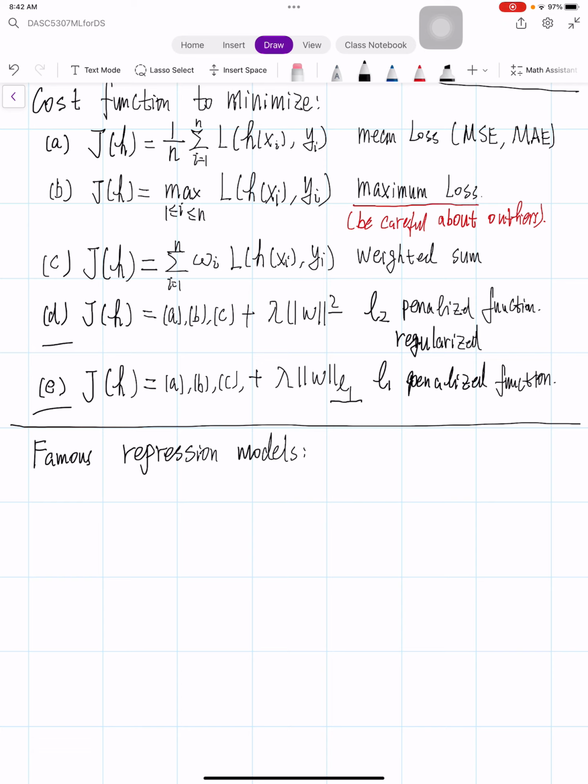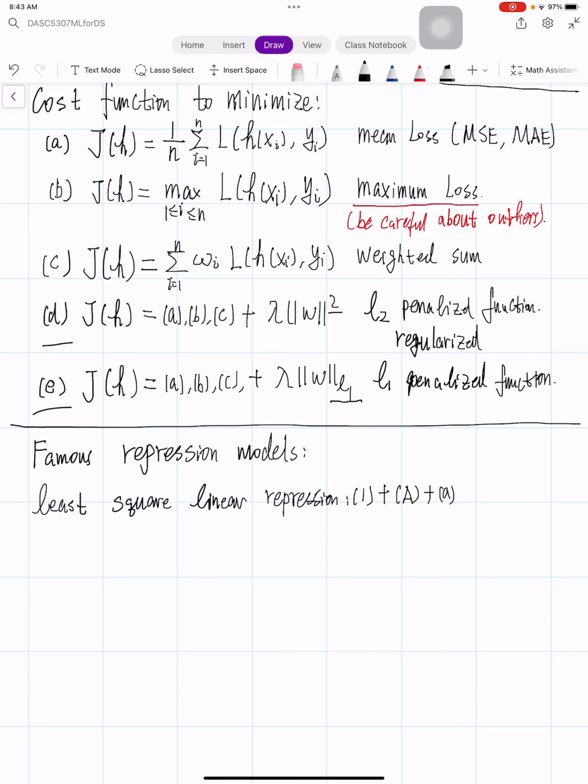Maybe the first one is the least square linear regression. It's a combination of you choose the linear function form, you give the square loss function, and you take the average loss as a cost.